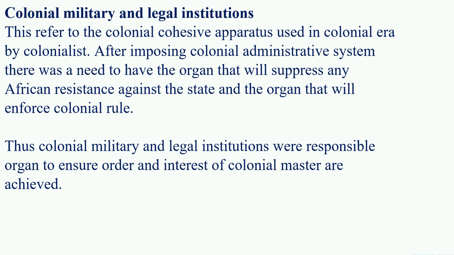Currently, I can say the security organs we have in the country, the judicial system, and maybe parliament, all these things are working together to make sure the executive implements what they want. So even before that, direct rule, indirect rule, and the assimilation policy were supported by colonial military and legal institutions.